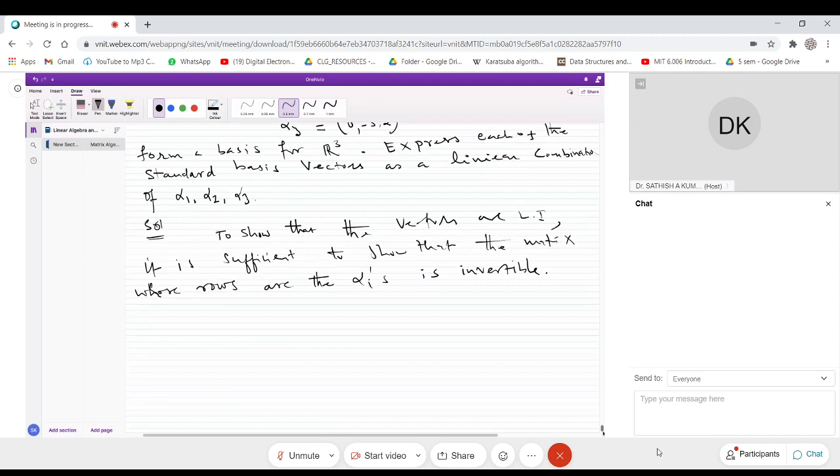Then one can say that it is a linearly independent set of vectors. So you can make use of this anywhere.